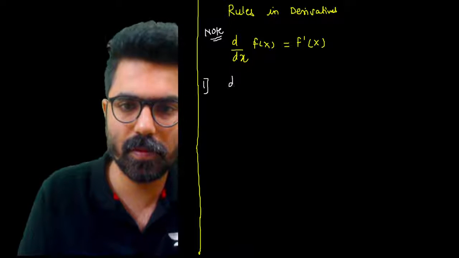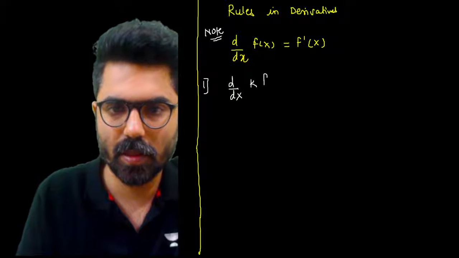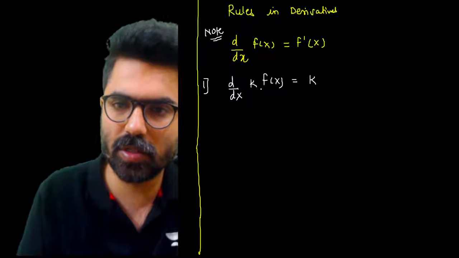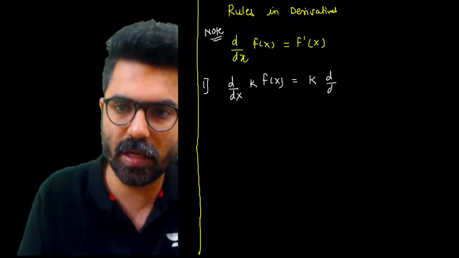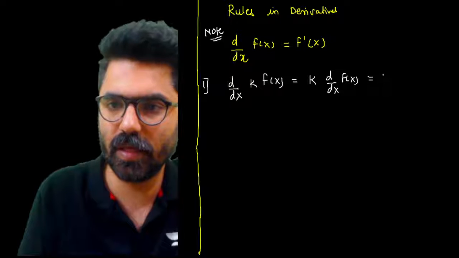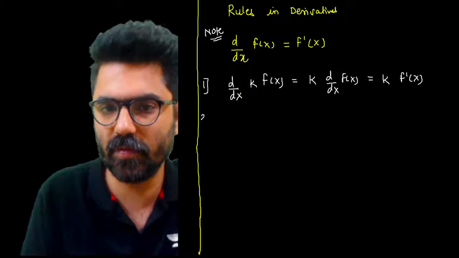From here we'll start. So derivative of some constant into f of x. You can take out this constant out of the derivative and simply write the derivative of that function. And hence we can say that it is k times f dash of x. This is the first rule.